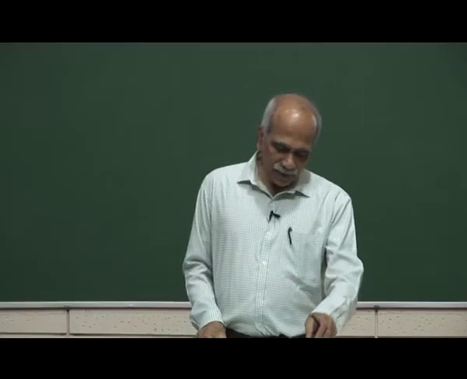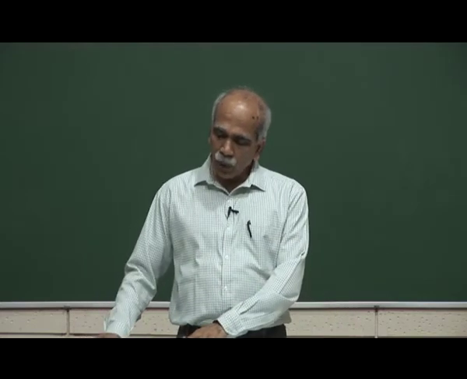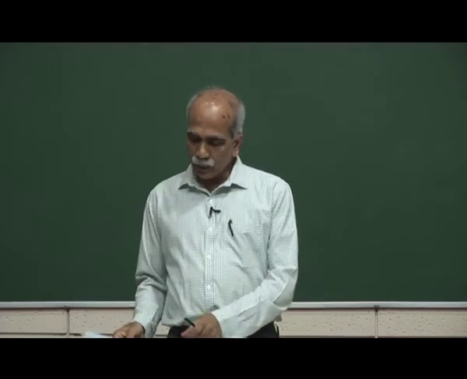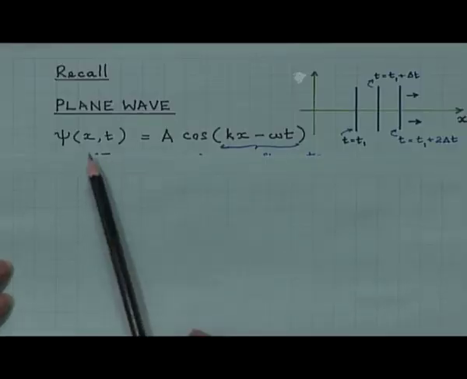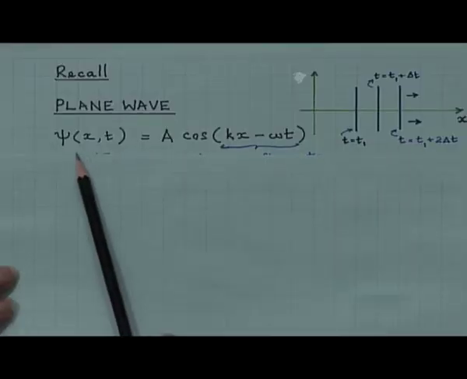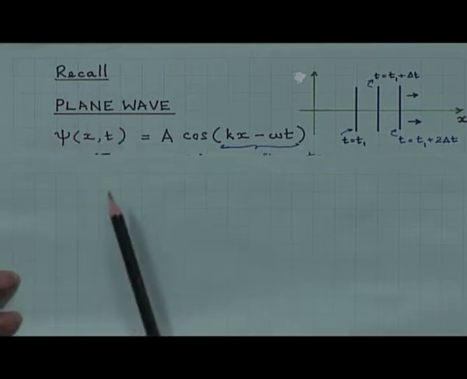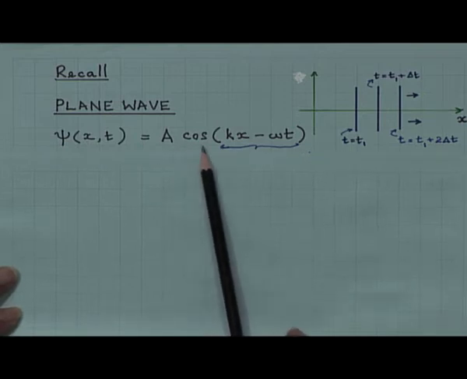First, let us recall a little bit about what we know about waves and wave propagation. Recall that a plane wave can be expressed as psi of x, t, the disturbance; a wave is a propagating disturbance. So, psi of x, t can be represented as A cos(kx minus omega t).